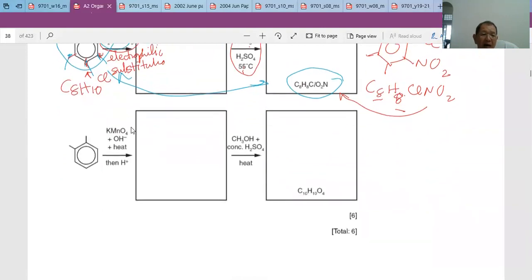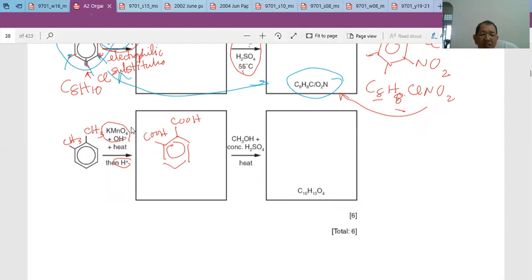Now here, again, you put KMnO4 and alkali. And then you have to add acid and heat. Which means it's going to react with your CH3 here. See now? Right? Oxidation here. So you get what? You get COOH here. The ring will still be there, both of the side chains will be oxidized.